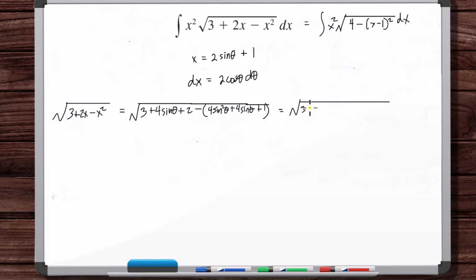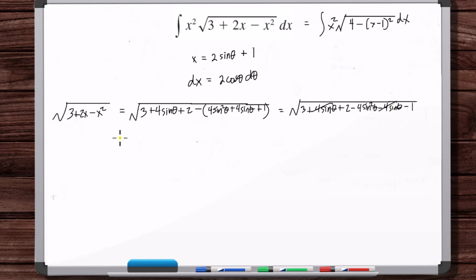So 3 plus 4 sine theta plus 2 minus 4 sine squared theta minus 4 sine theta minus 1.